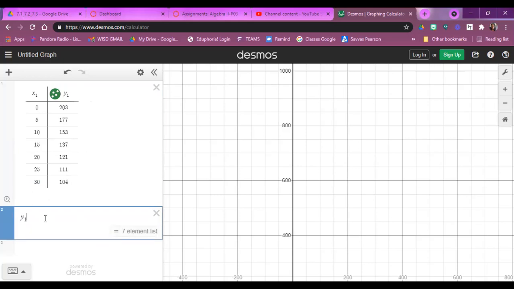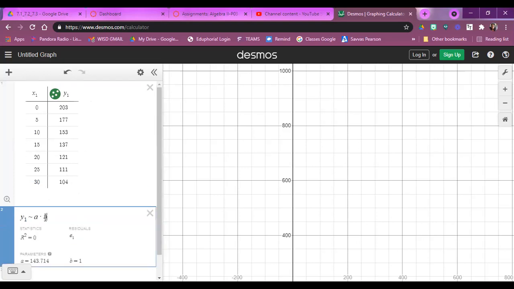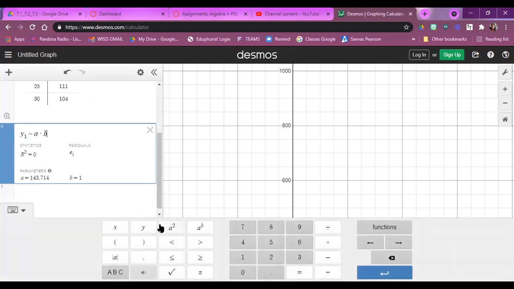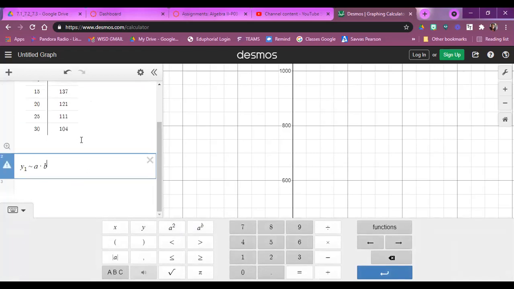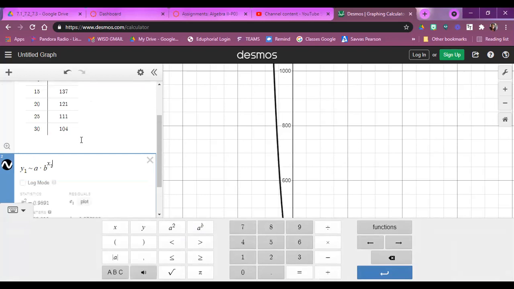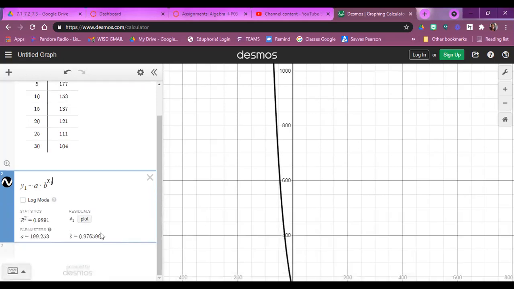So y1, tilde, a times b, and I'm going to raise it to the x1. When I raise, I usually just hit Shift 6 on the keyboard, if you're wondering.